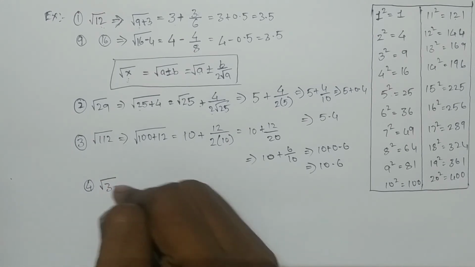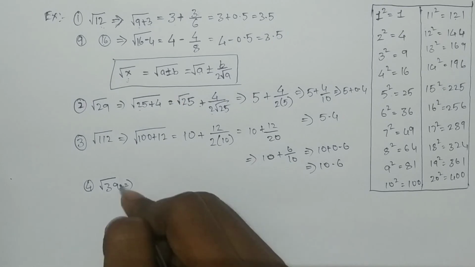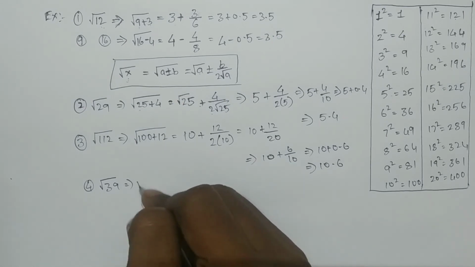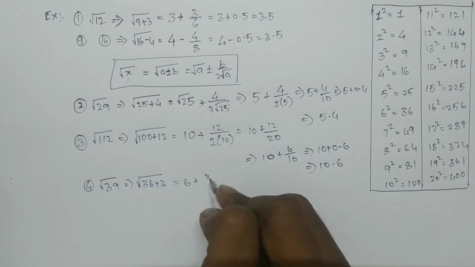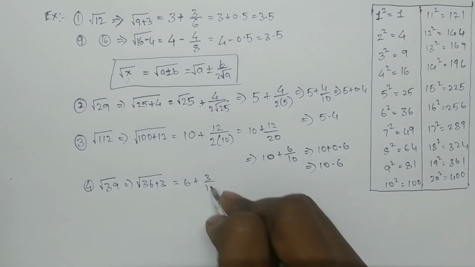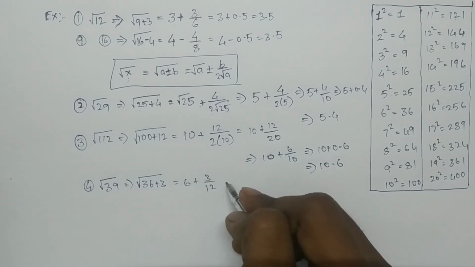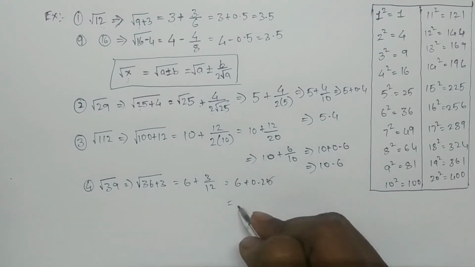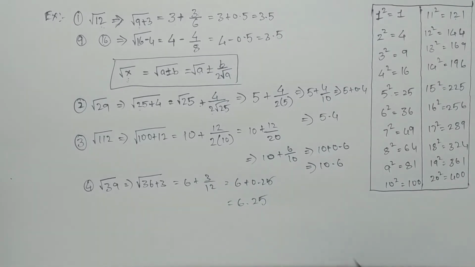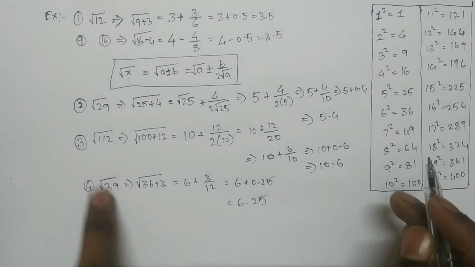I'm taking 39 as my example. So root 39 can be written as root over 36 plus 3. So 6 plus 3 by 12, that is 6 plus 0.25. The final answer is 6.25. This is the final answer for root over 39.